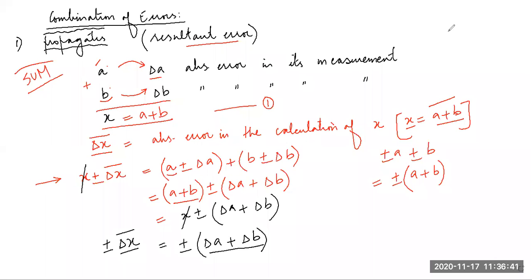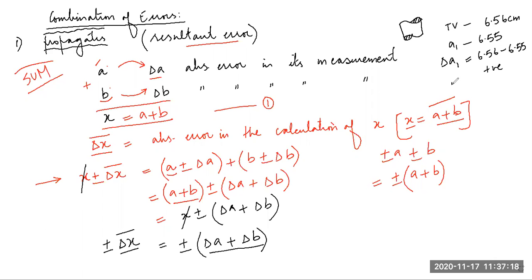Why? Let us say my true value is 6.56 centimeter, the diameter of a cylinder. But my measured value, let us say A1, is 6.55. In this case, my delta A1 would be true value 6.56 minus 6.55, which is positive.